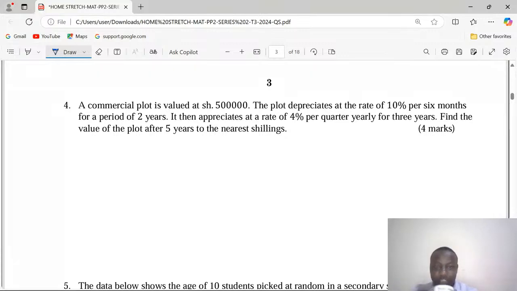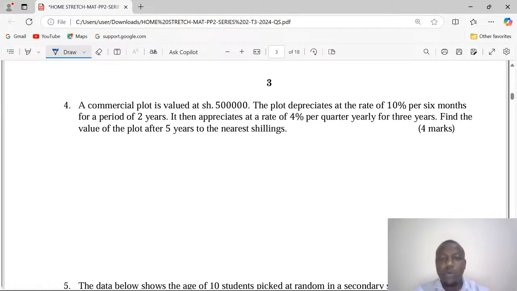It then appreciates at a rate of 4% per quarter yearly for 3 years. Find the value of the plot after 5 years to the nearest Kenya shillings.